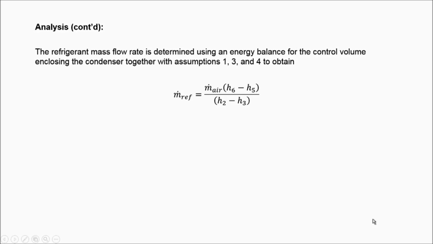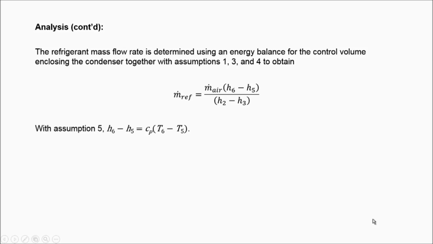Next, we can determine the refrigerant mass flow rate by doing an energy balance for the control volume enclosing the condenser, together with assumptions 1, 3, and 4. This yields the following. m dot refrigerant is equal to m dot air times (H6 minus H5) divided by (H2 minus H3).